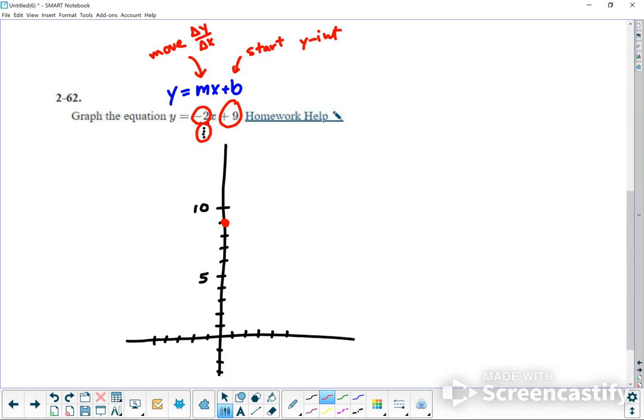So from this point right here, we're going to go down 2, and to the right 1 time. Okay, and we can keep that pattern, so down 2, to the right 1 time. Down 2, to the right 1 time. And I think I have enough, but down 2, to the right 1 time. Okay, and you can just draw your line. You can graph your line.